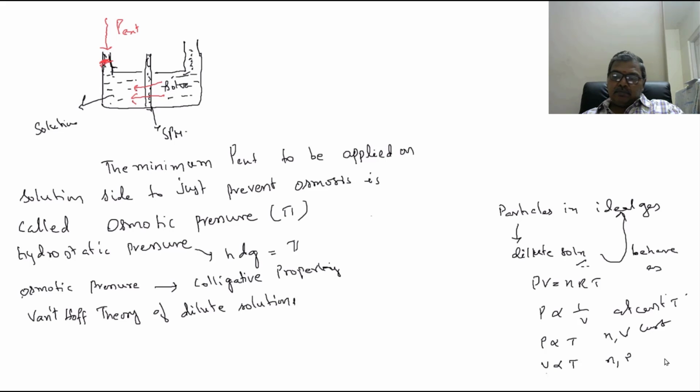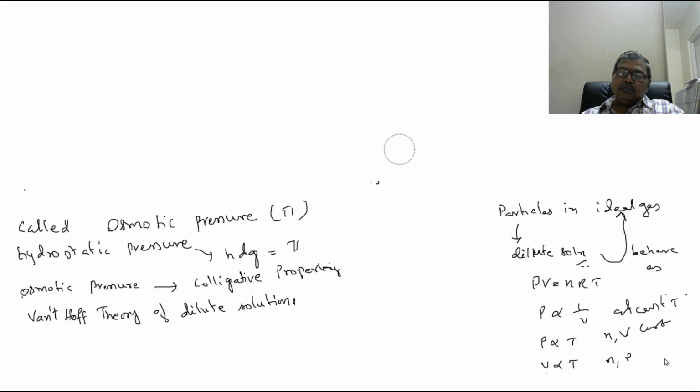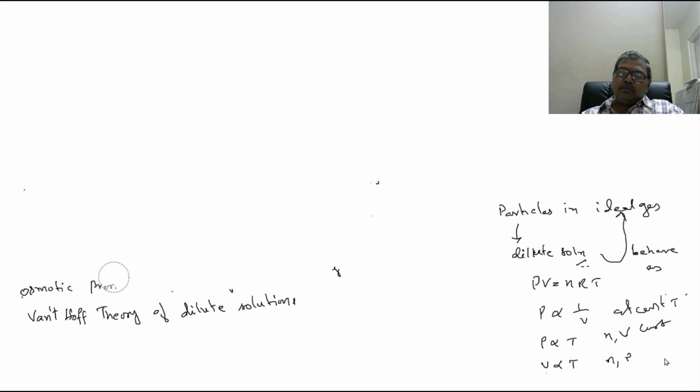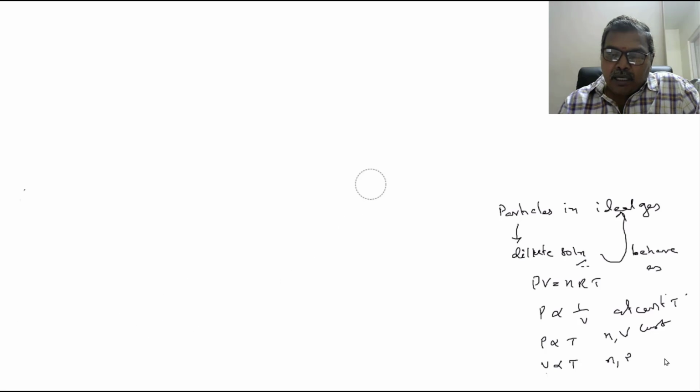Same way, osmotic pressure is inversely proportional to volume of the solution when n and T are constant.